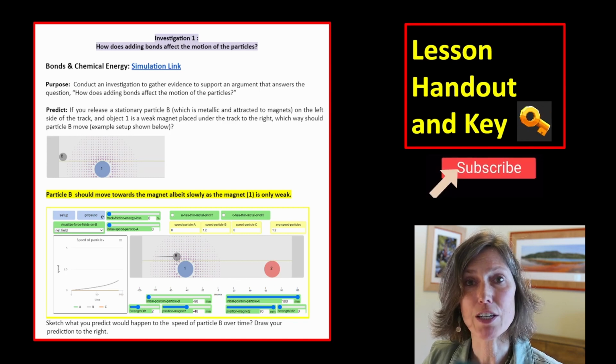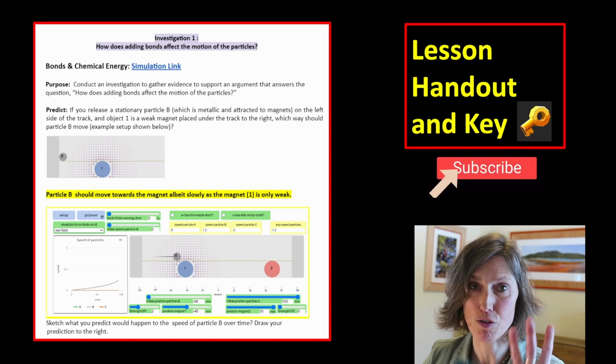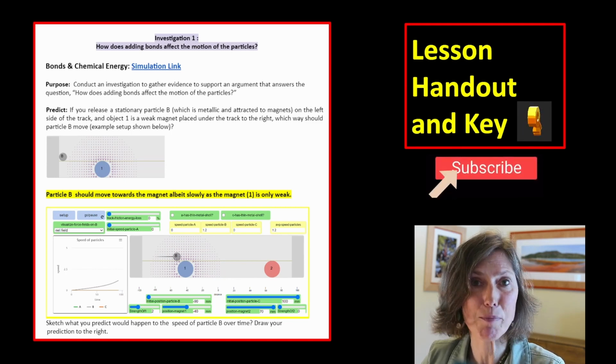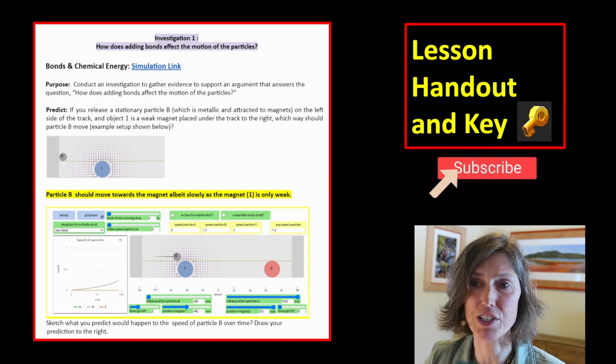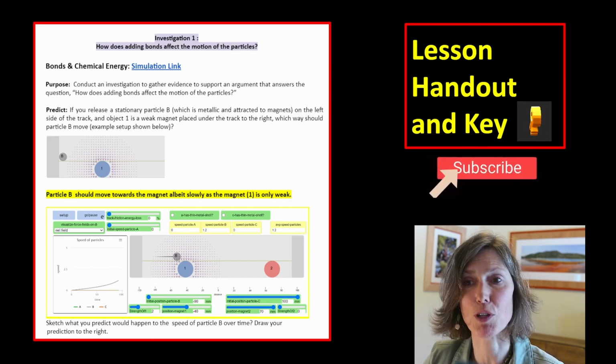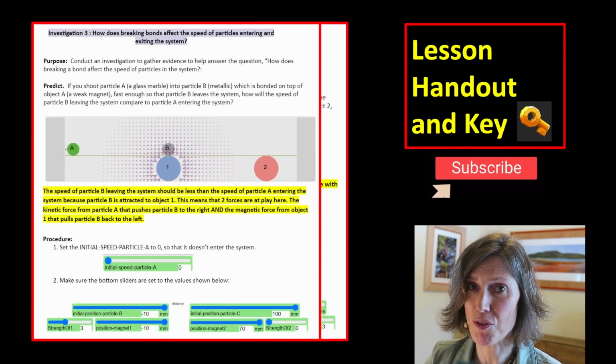This was actually storyline lesson number 9, which encompasses 3 investigations, and it takes your students bit by bit through these simulation steps. This is investigation 1, again out of 3 for lesson 9, investigation 2, and investigation 3.